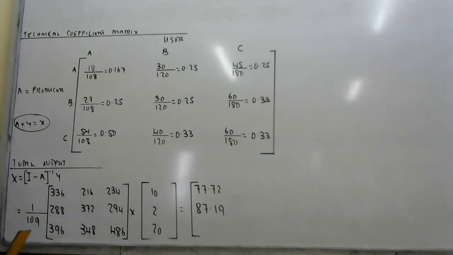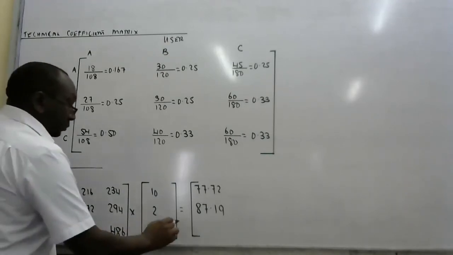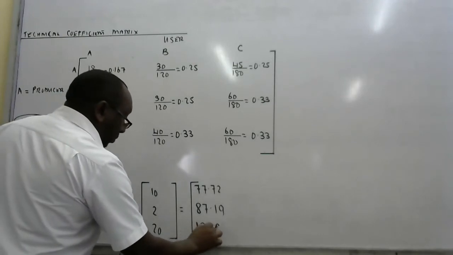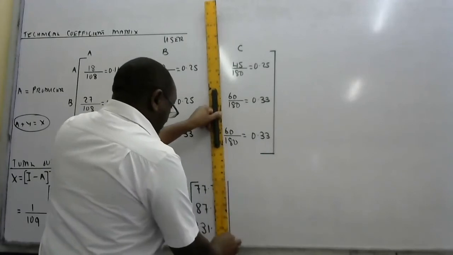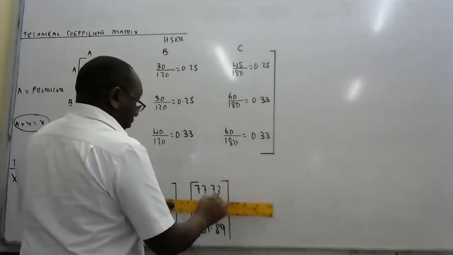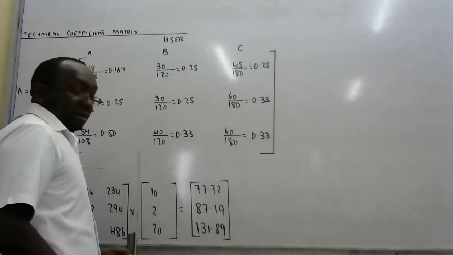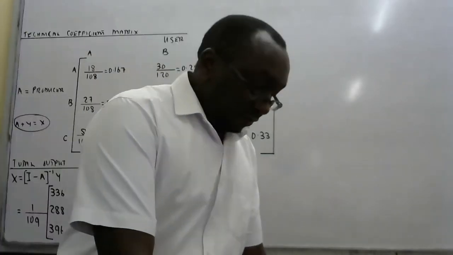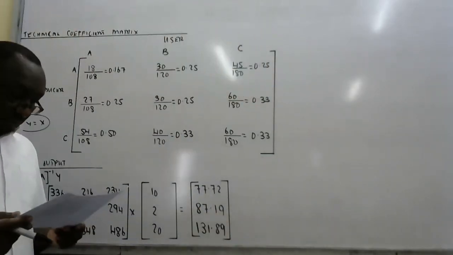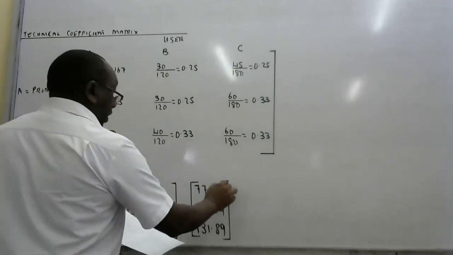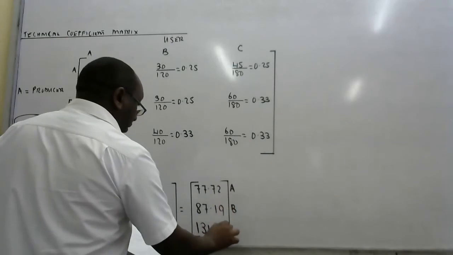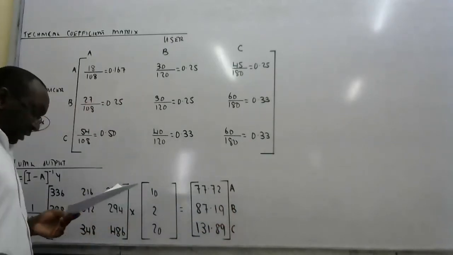Divide by 109. 131.89. So those are the outputs of those sectors. That is sector A, sector B, and sector C.